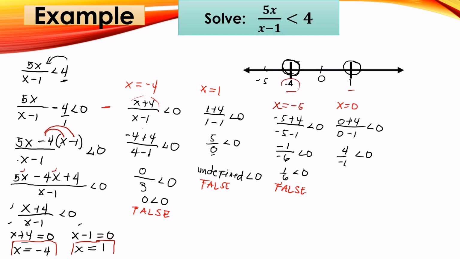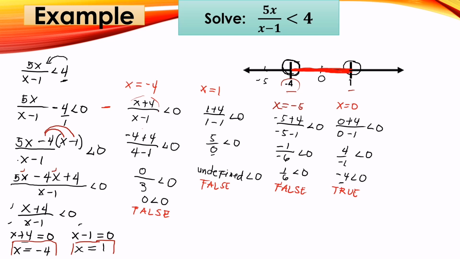So, positive 4 divided by negative 1, the answer is negative 4. So, meaning negative 4 is less than 0. So, ibig sabihin, this is true. Means, yung pagitan ng negative 4 at positive 1 is included on the solution.